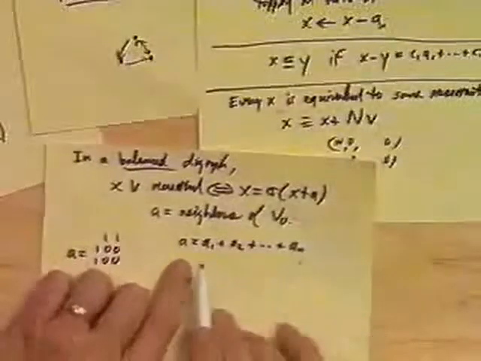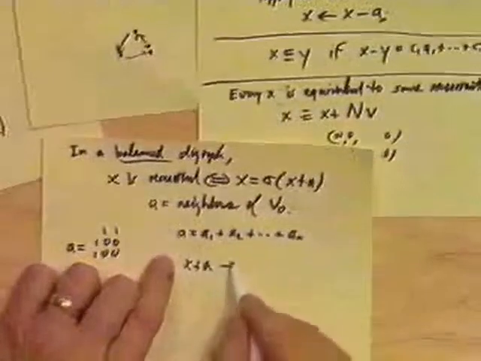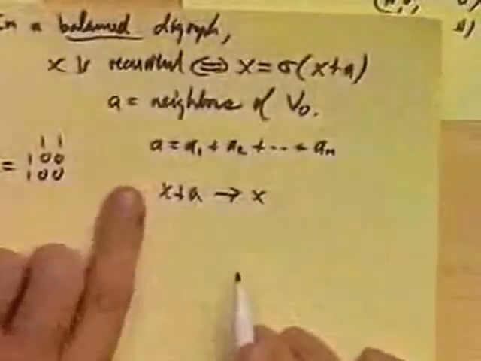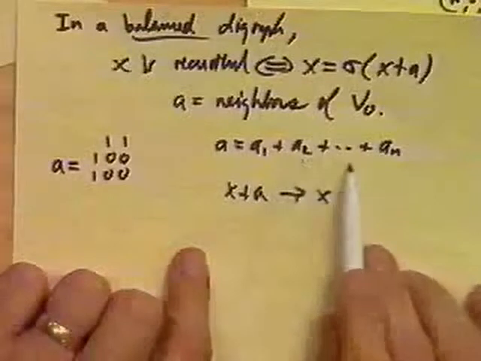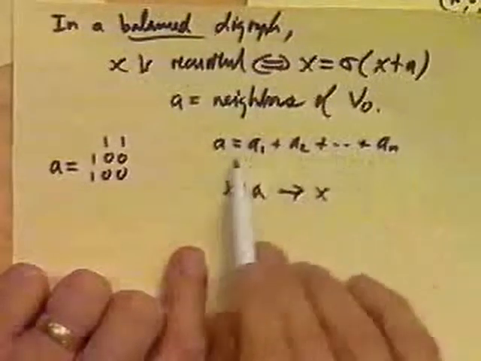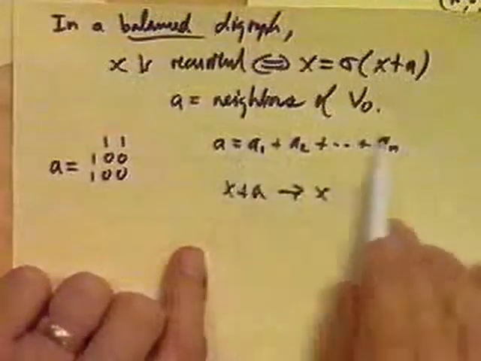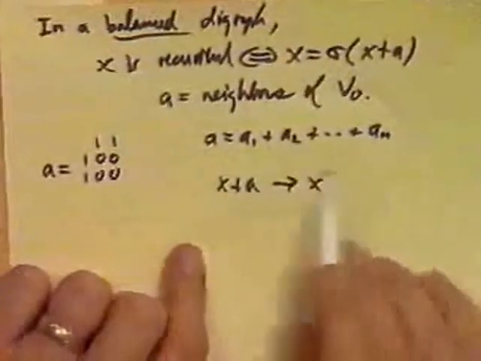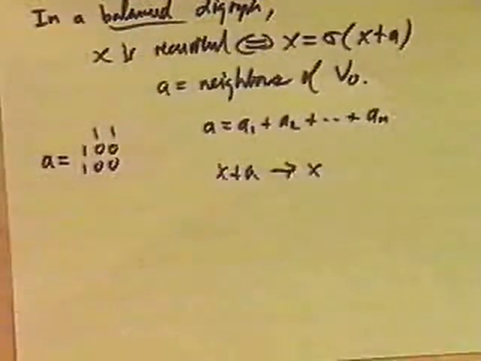The reason is that a equals a1 plus a2 plus up to an, so x plus a is reducing down to x, and each one of these is a toppling. These vectors are linearly independent, so there's no other way: you always have to topple each one exactly once to get from x plus a down to x. And so this is an n-step test for a recurrent state.